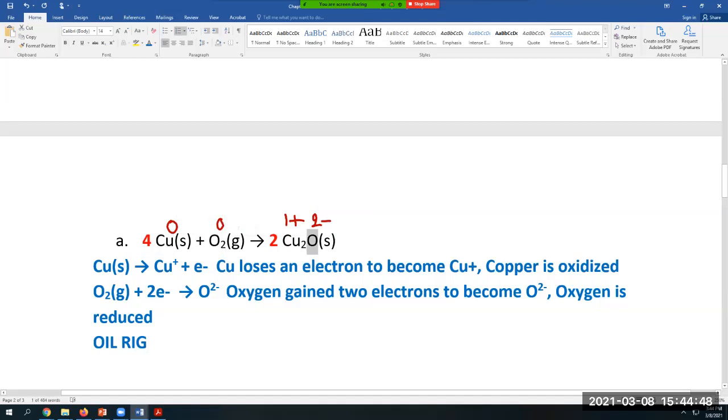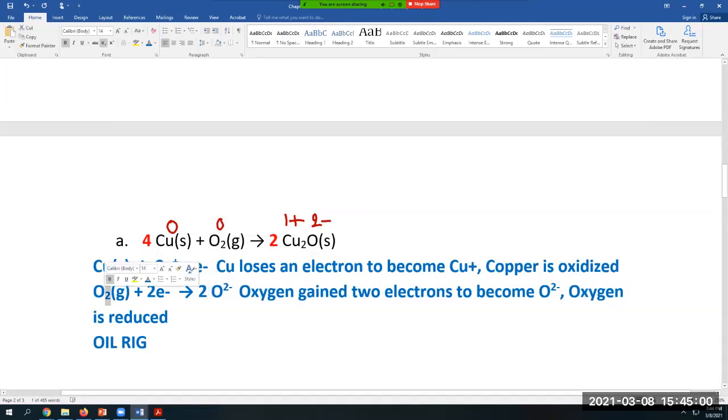Oh, hold on, I have a mistake here. Because here the subscript 2 tells you that you have 2 oxygen atoms. So you need to gain actually 4 electrons here for 2 of the oxygen negative 2.